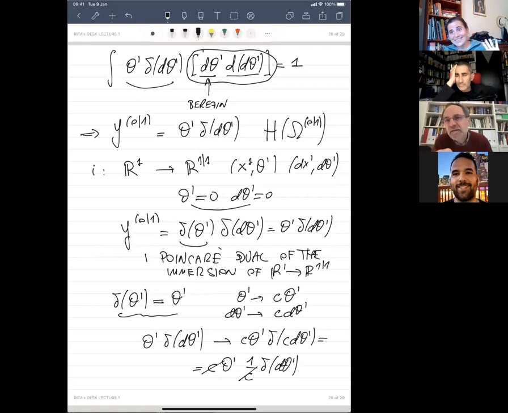Yes. When you integrate and you have a theta, it's the same thing as integrating with the delta, because when you integrate with theta, it extracts only the degree 0 part.